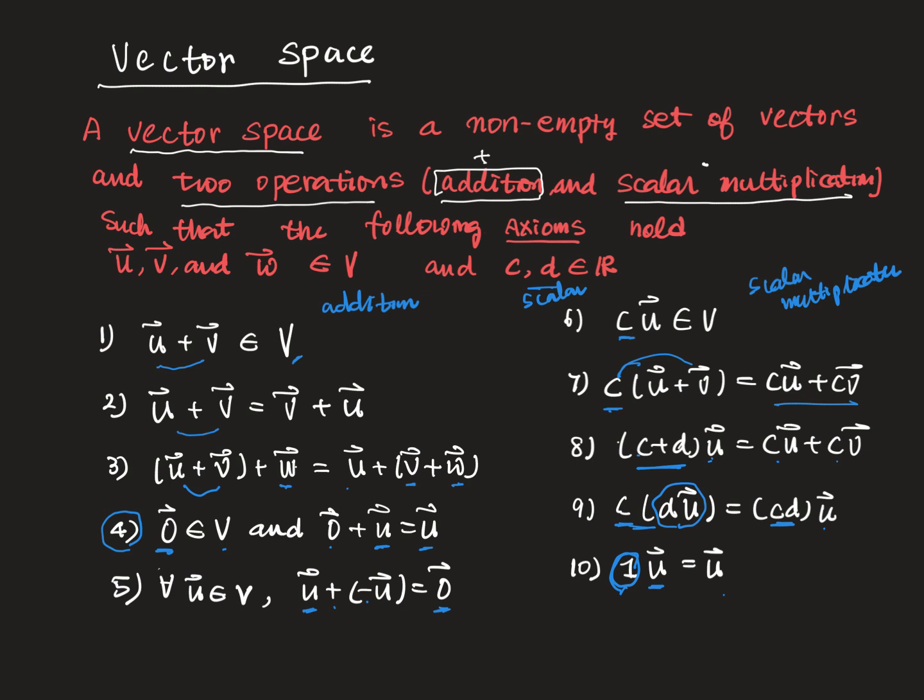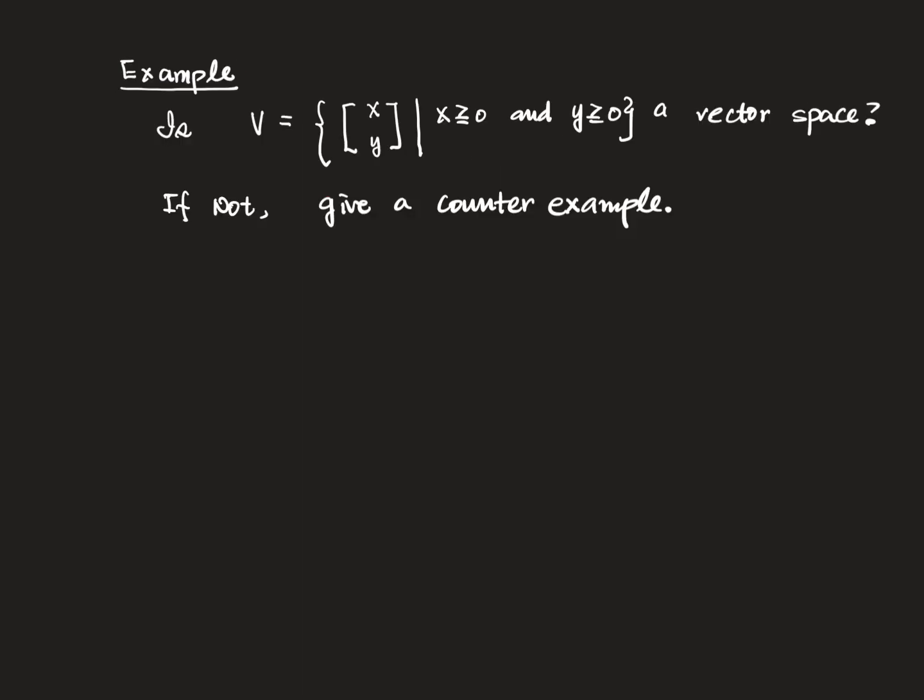Just follow each axiom for the example or practice problem. Okay, first one: V is, guys, I'm going to give you a set V. This one is a subset of R2. What is R2? Two entries. What does R2 represent, guys?